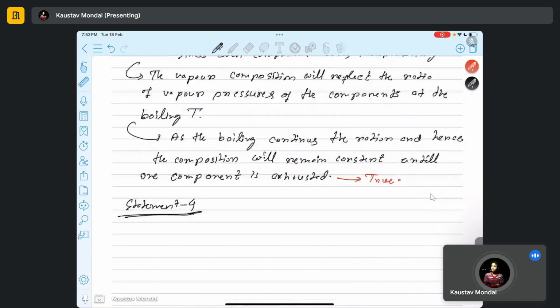But here the statement says it should be between 100 and 110 degrees centigrade, right? That means it is simply not true.